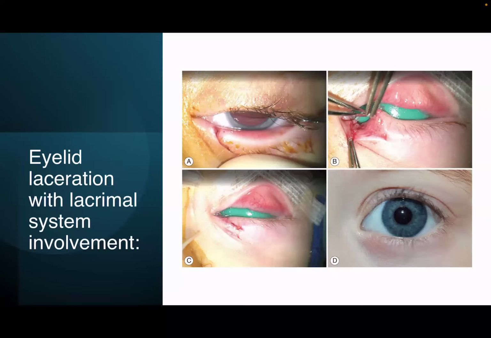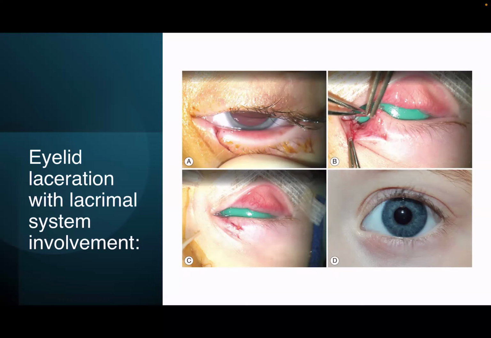Repair of the canalicular system is very important to prevent epiphora post-op. The repair should be done with the help of intubation. The lacrimal system is intubated, and we can use a Mini Monoka, as in this picture, showing that the lower lacrimal canaliculus has been violated.